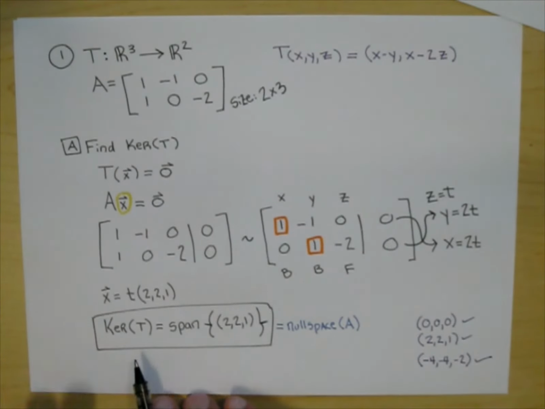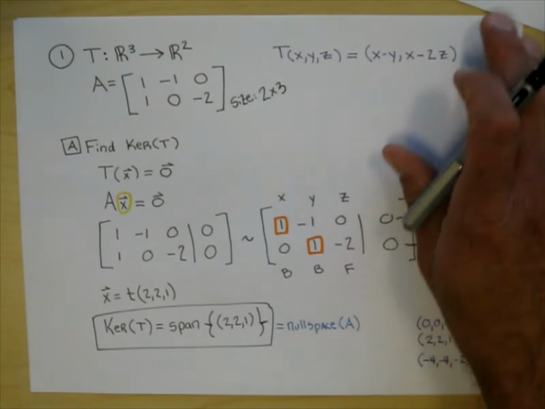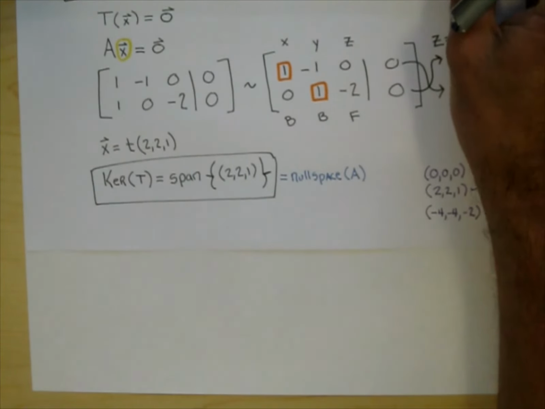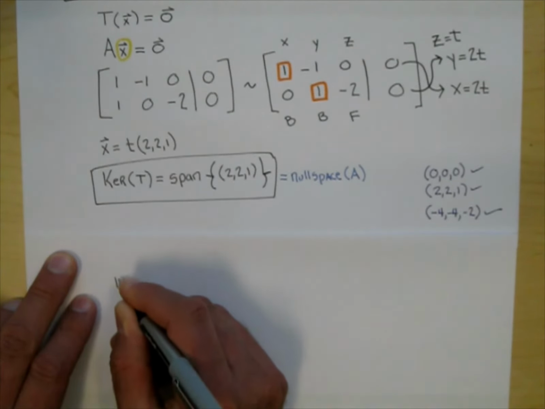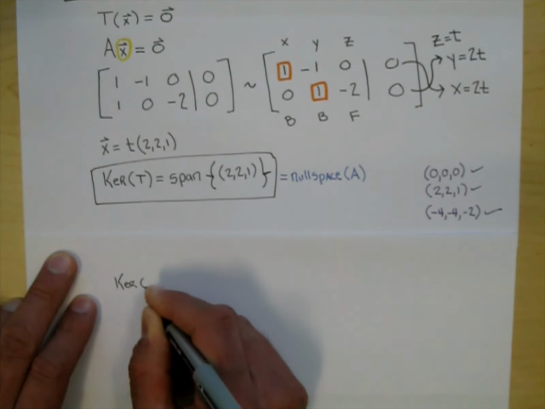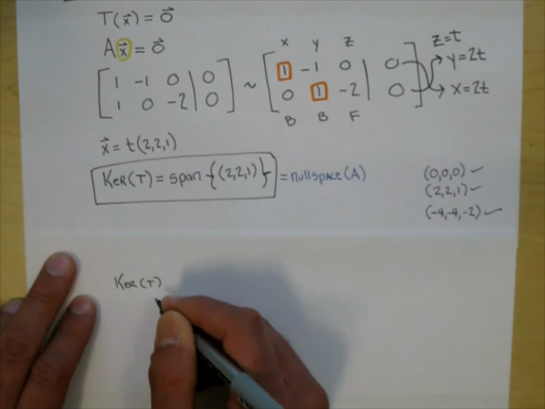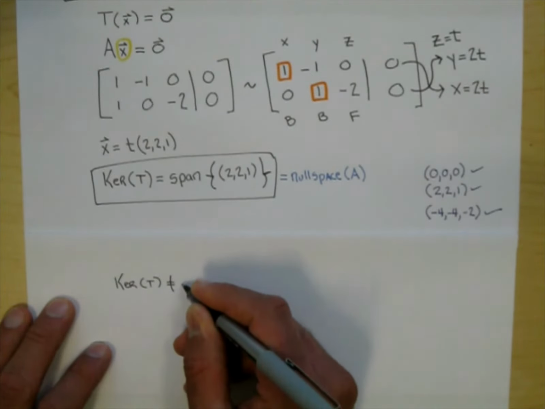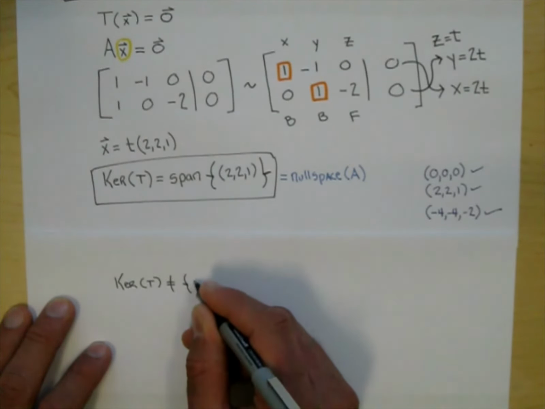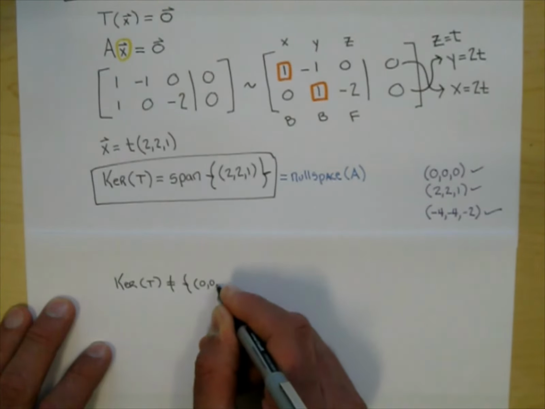Our kernel is what we look at to see if the linear transformation is 1-to-1. And I think I'm going to need another piece of paper. Let's use another piece of paper. So this is still problem number 1. Our kernel of T does not equal just the 0 vector.